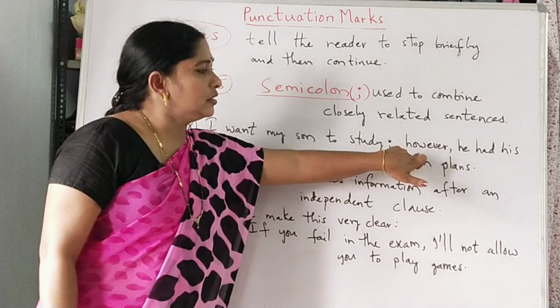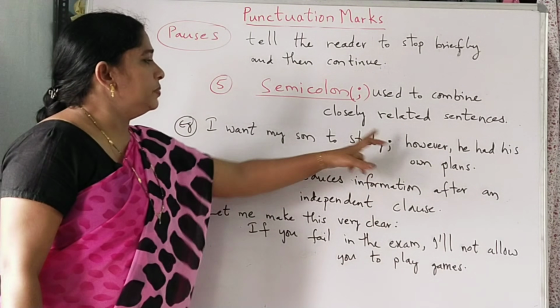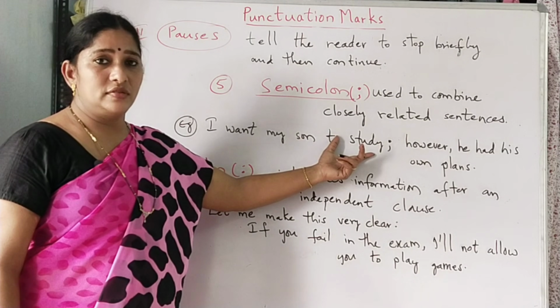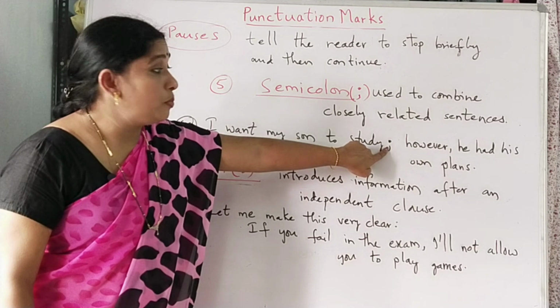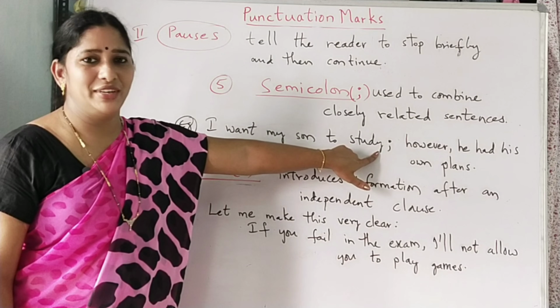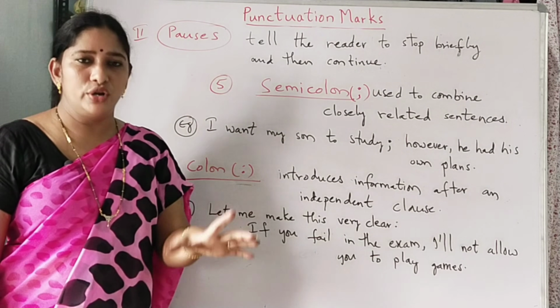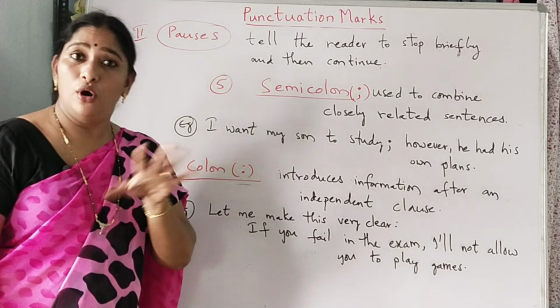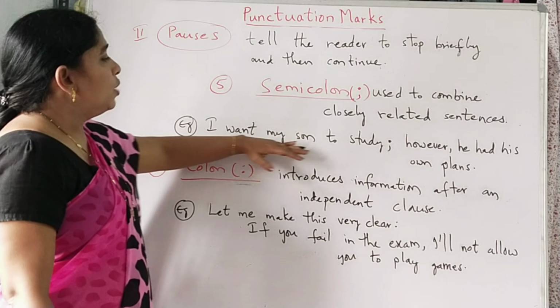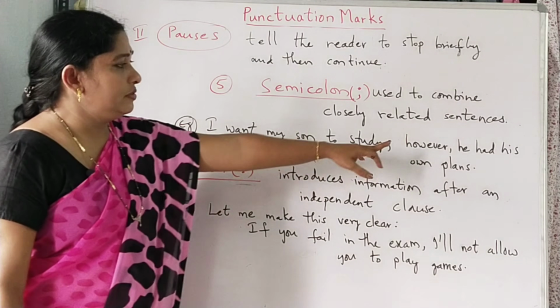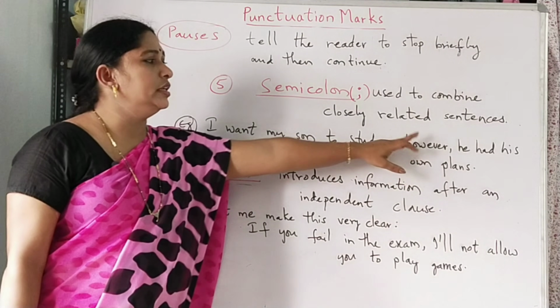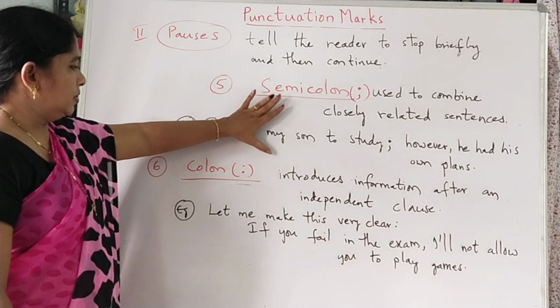However I used, and after however we get comma there. But before that, I want my son to study. Here we can use either full stop or semicolon. Both we can use. There is no strict rule what to use. You can use full stop or semicolon, no problem. There we can use comma after however, the linking word here. This is the place for the semicolon.